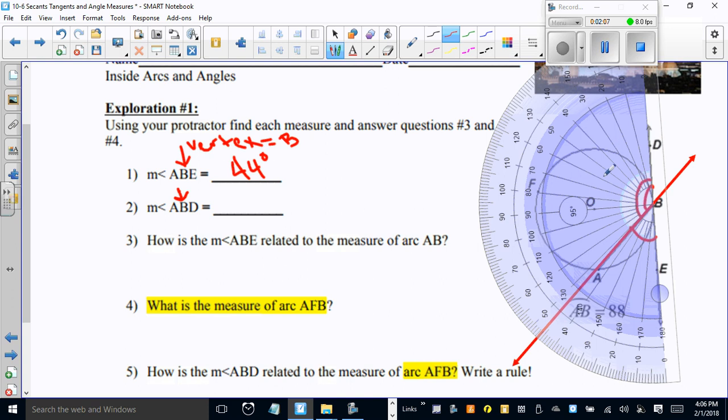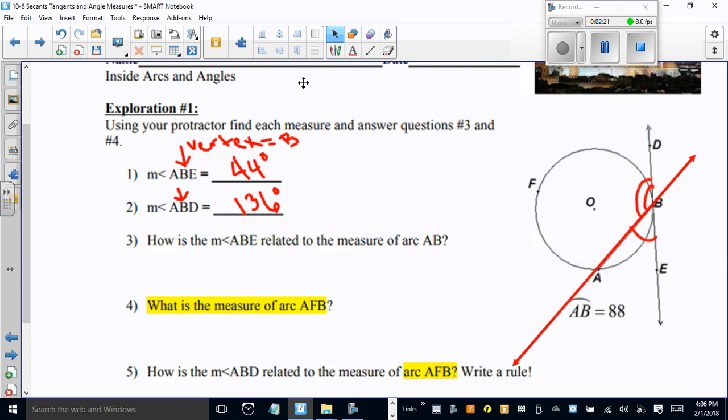And if I come this direction, it's between 130 and 140, and it should be 136. Okay, now I'm going to take that off so we can see. So I know that this angle right here is 44 degrees, and this angle right here is 136.